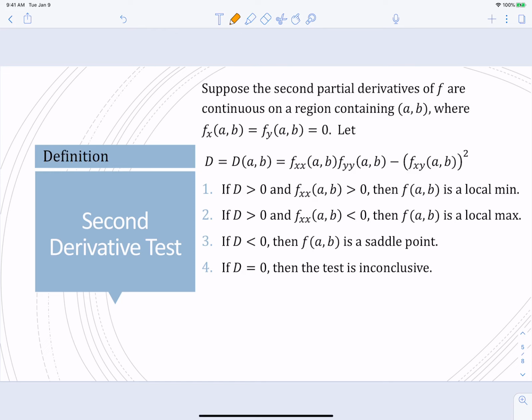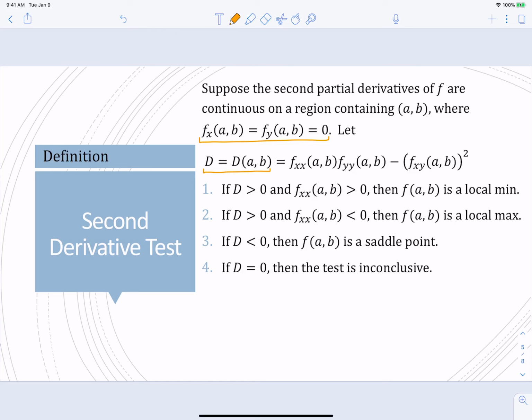So how are we going to find these points? Again, we're mostly going to be looking for these places where our partial derivatives are equal to 0. So we're going to start there, and then we're going to look at this thing, which we're going to call capital D here. And we're calling it that for a reason that will become very clear in a second. Notice it has to do with our second order partial derivatives.